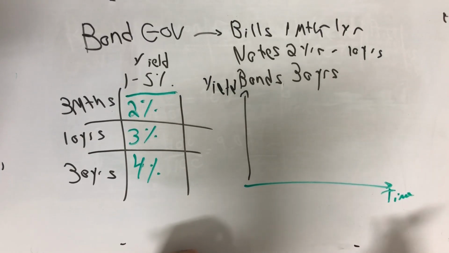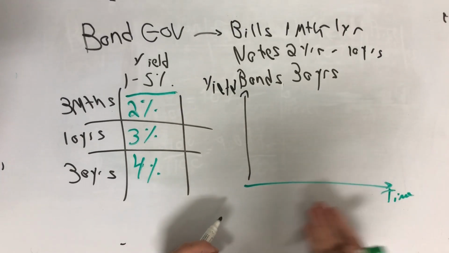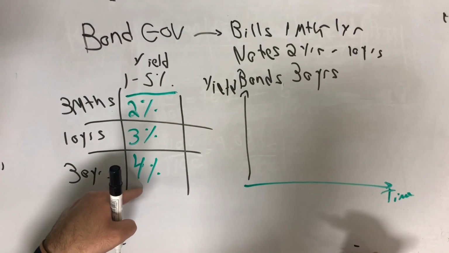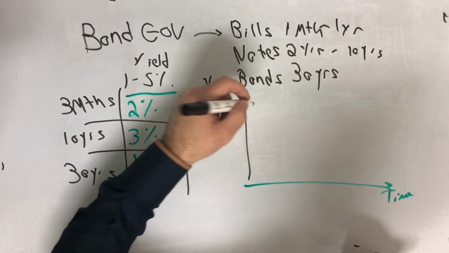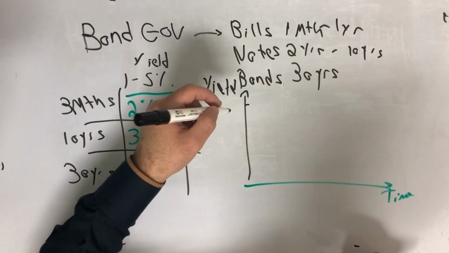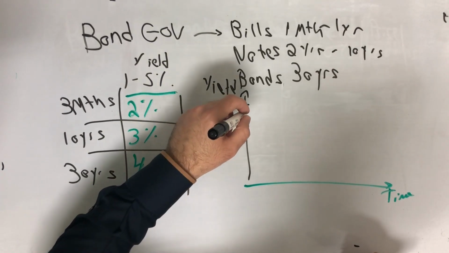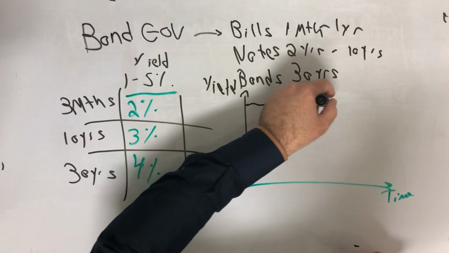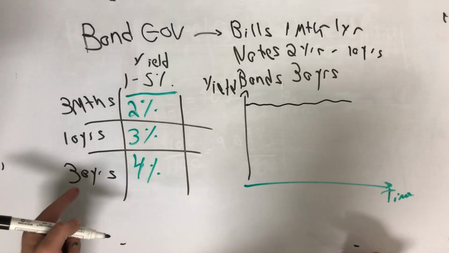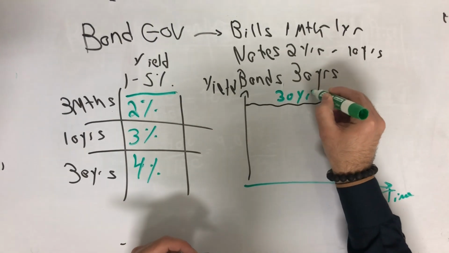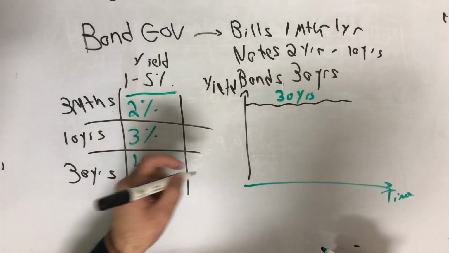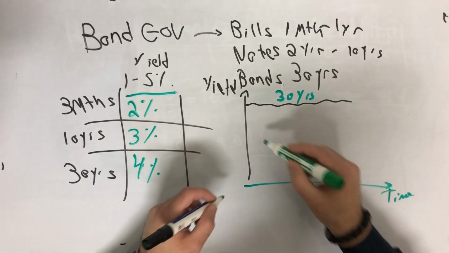By time, we mean holding the bond during this time. The 30 years, which have a 4% yield, would be over here, right? And assuming that there are no rate hikes or no rate decreases, it would look something like this. That would be the 30 years. The 10 years would be over here.